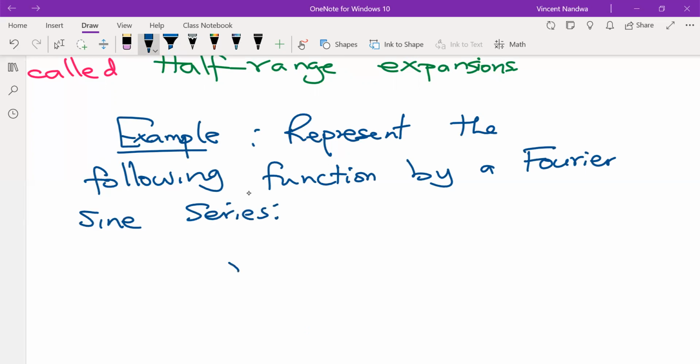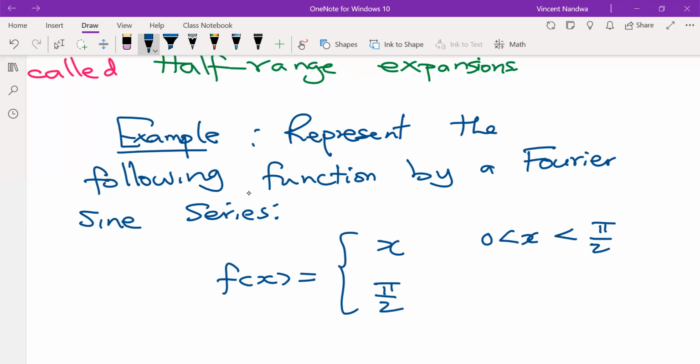The function f of x is given by x when x is from 0 to pi over 2, and pi over 2 when x is from pi over 2 to pi.